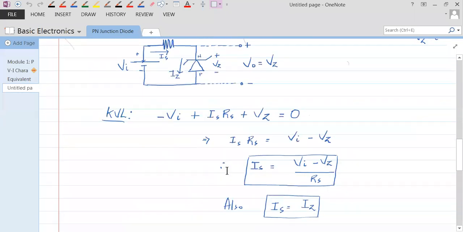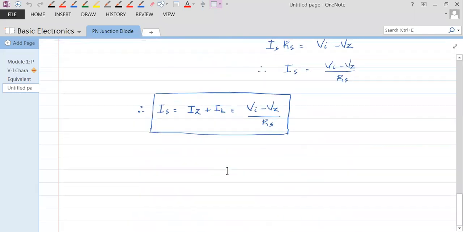What did I say? The circuit should ensure that the current Iz should not go beyond Iz max. Okay, so everybody write this.